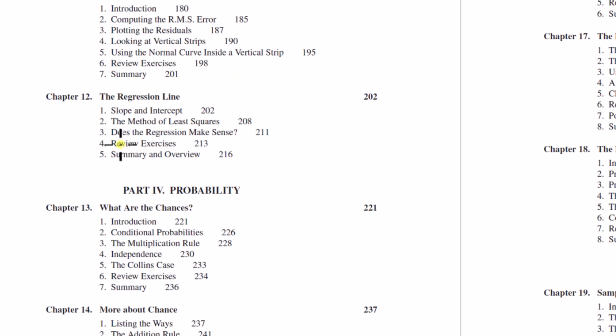Okay, then we also talked about in section 3, the idea of thinking about if the regression makes sense or not. So from one perspective being, is the data linear? Is the scatter plot linear? So we can think about that as, is the scatter plot football shaped, homoscedastic?